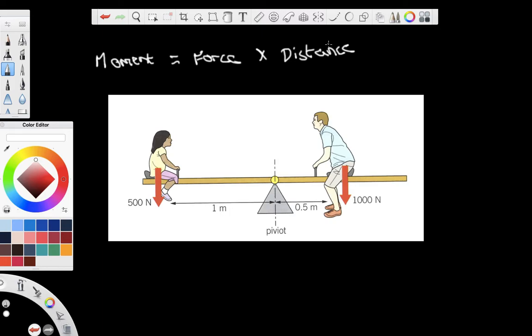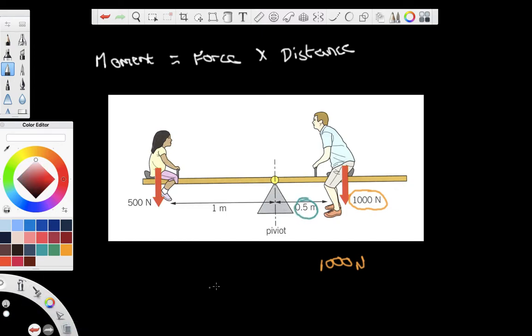Okay? If we want to work out the moment being applied by this man, we can take the force, which is 1,000 newtons. We can take the distance from the pivot, which is shown here, 0.5 meters.